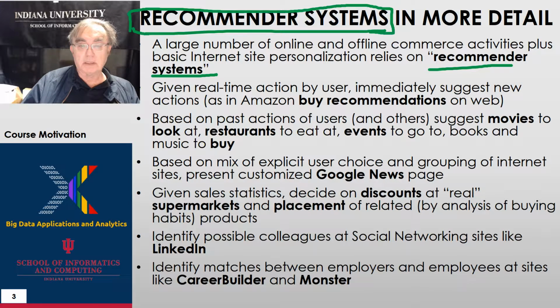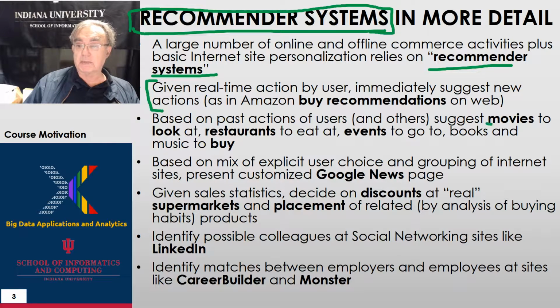filtering. So we again can give these examples, given some action by the user, what they click on, what they want to buy. You suggest similar things they might buy, because like with Amazon, when you buy something, or with the bookstore, you look at a book, they suggest similar books or similar things to buy.